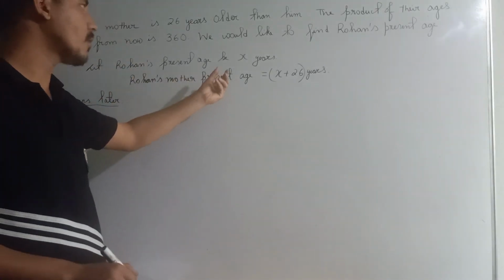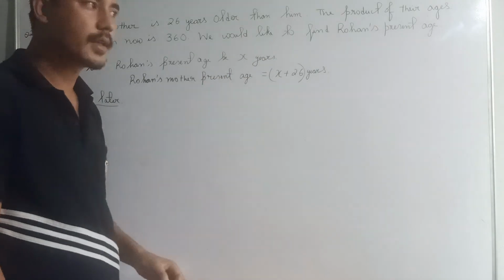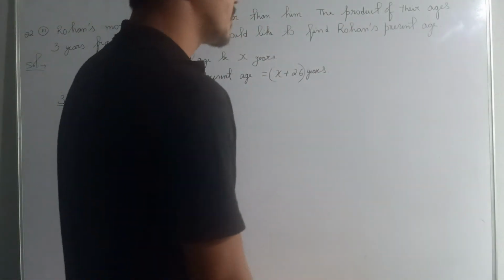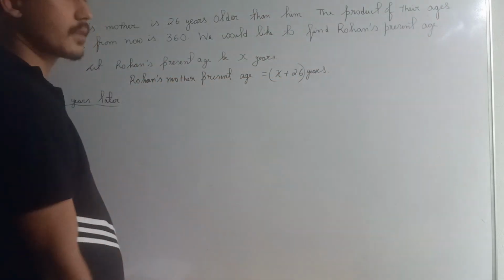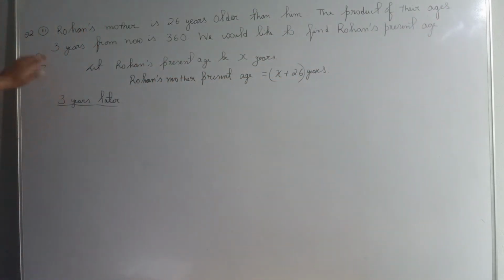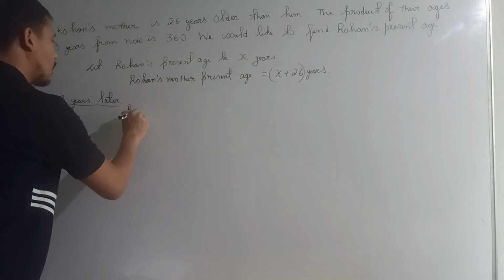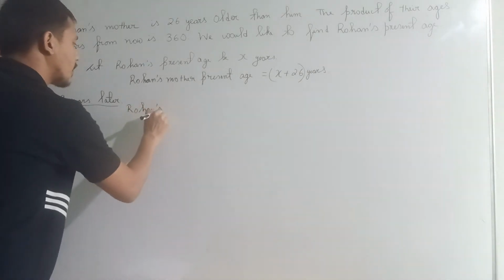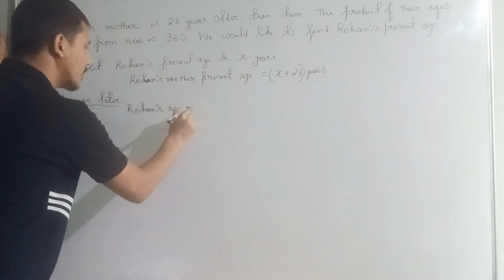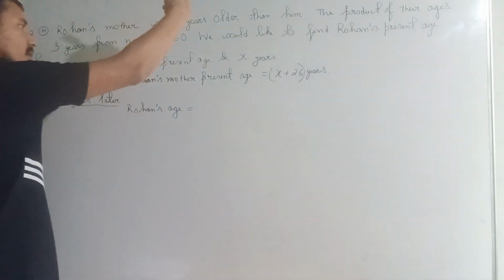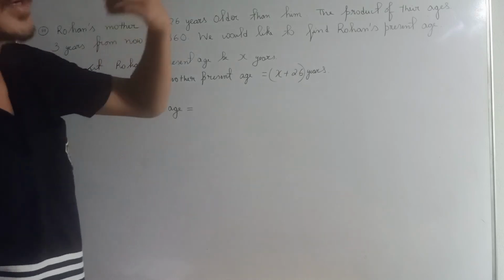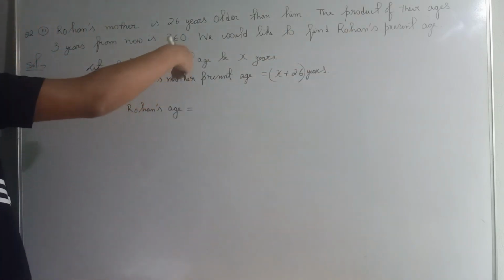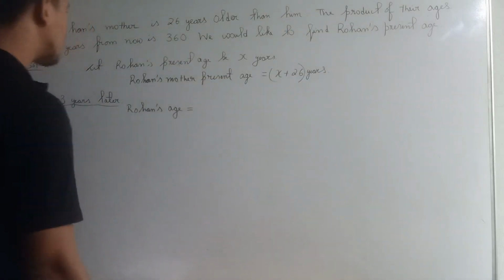Currently, if Rohan is X years old, then after 3 years his age will increase by 3 years, right? So 3 years later, Rohan's present age is X years. After 3 years, his age will increase by 3 more years.